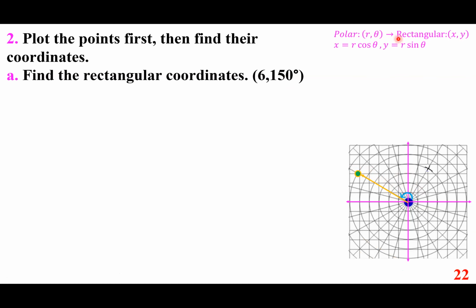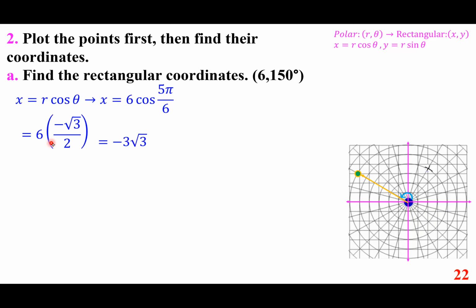Now, polar has coordinates r, theta, rectangular has coordinates x, y, where x is r cosine theta and y is r sine theta. So let's plug in. 6 cosine of 5 pi over 6. Remember, cosine of 5 pi over 6 is the same as pi over 6, but in the second quadrant it is negative. Cosine of pi over 6 is the square root of 3 over 2, but it's negative because it's in the second quadrant. 6 and 2 cancel, 3, so it makes it negative 3 square root of 3.